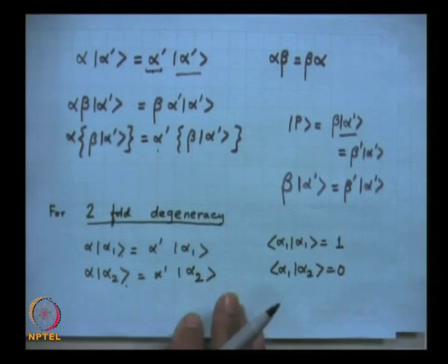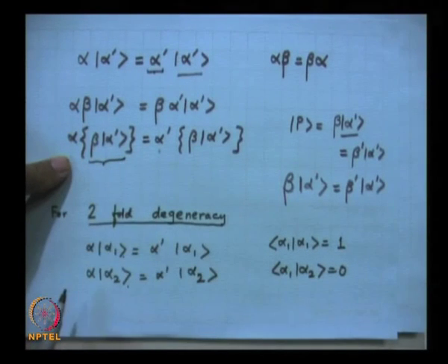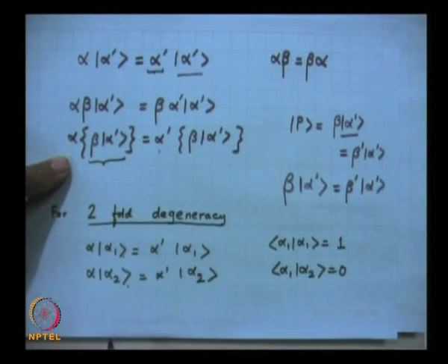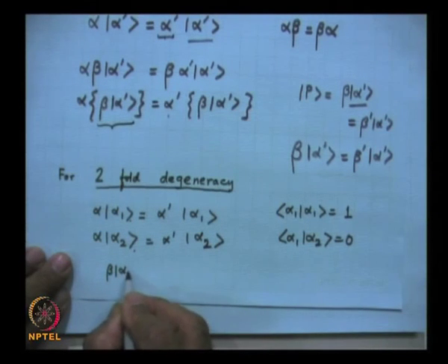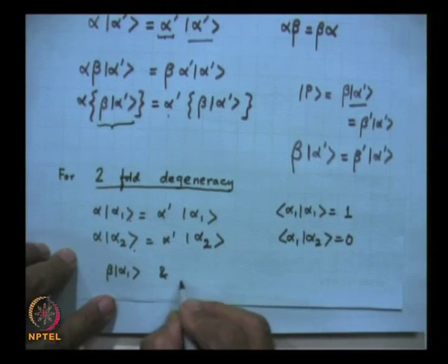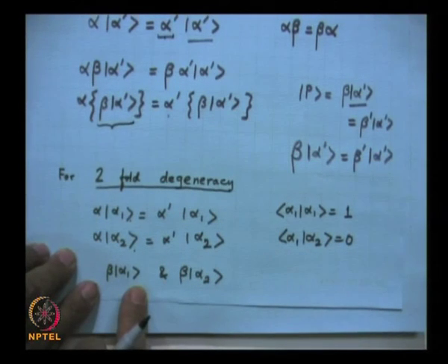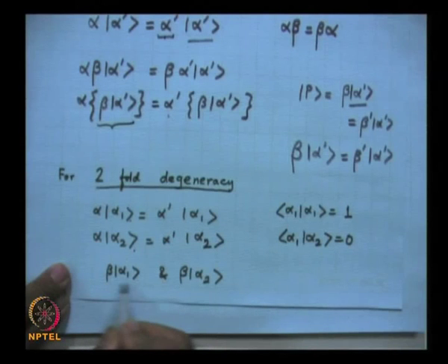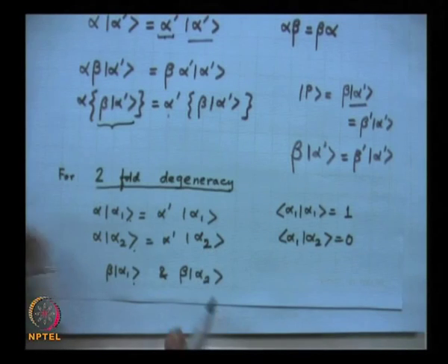Now, beta ket alpha prime is an eigenket of the operator alpha. So, therefore, beta ket alpha 1 and beta ket alpha 2 will also be eigenkets of the operator alpha, and therefore, they must be linear combinations of alpha 1 and alpha 2.